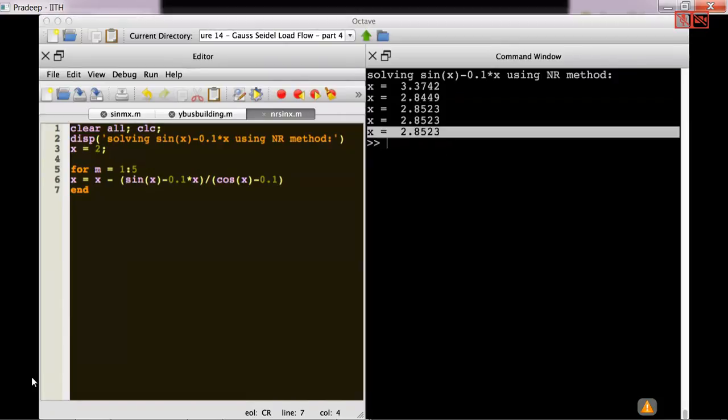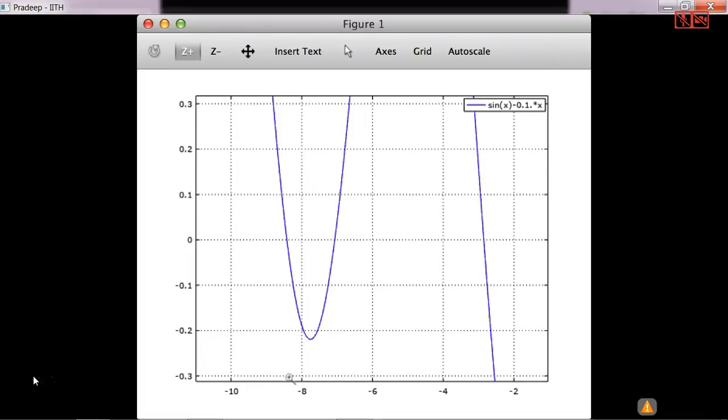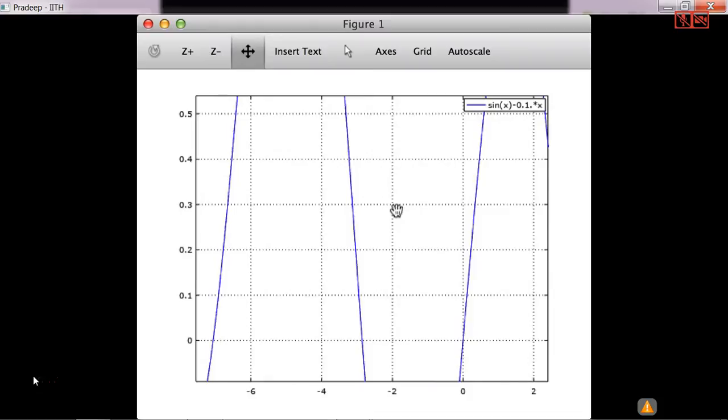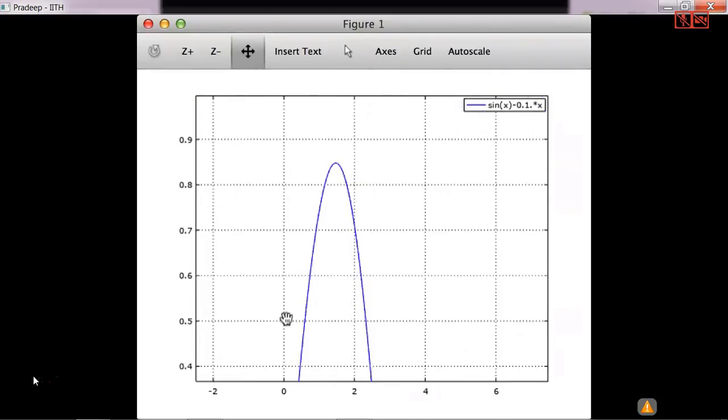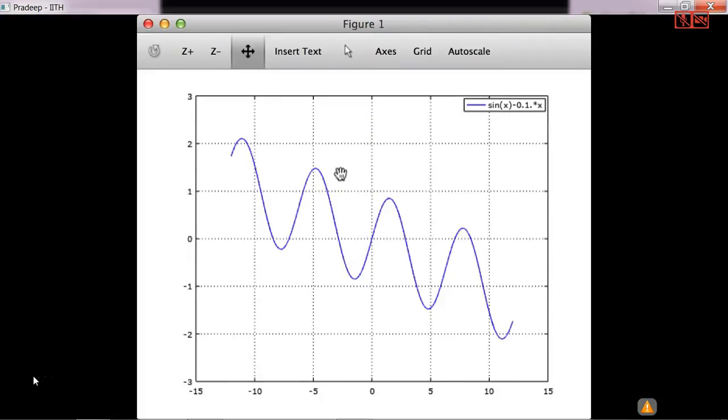So let me come back to my code. So if I magnify this figure, somewhere the first time where it is touching 0, you can see, I think this point.